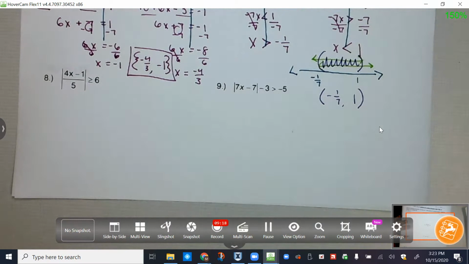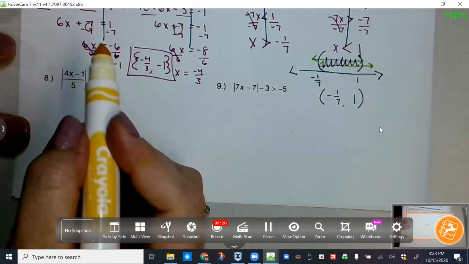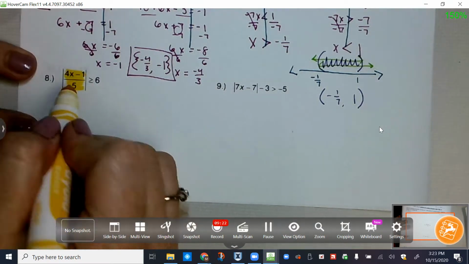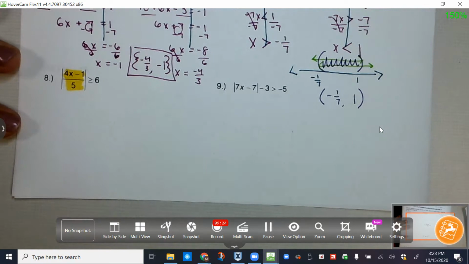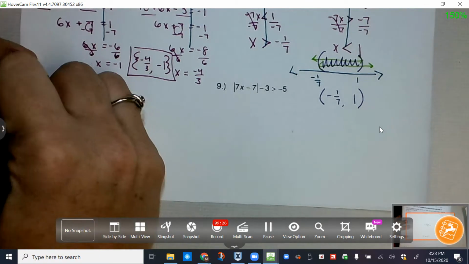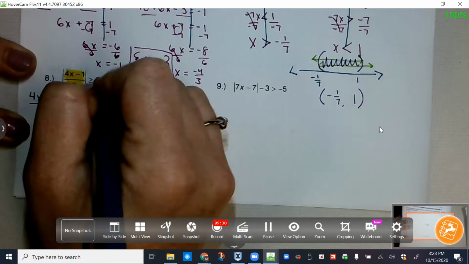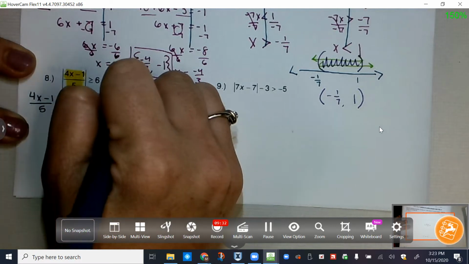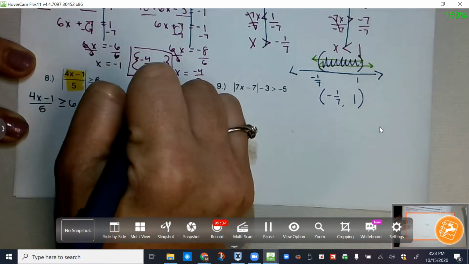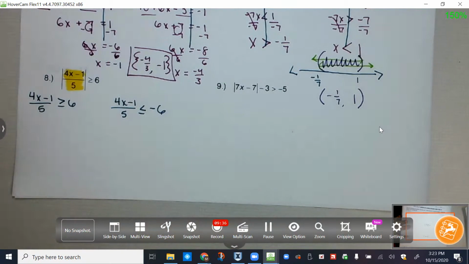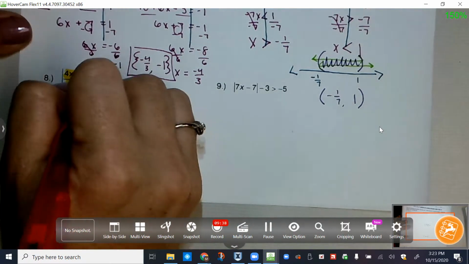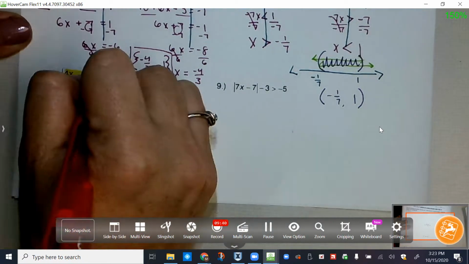So here, again, our absolute value is already alone. So we are just going to rewrite exact. And then rewrite opposite inequality, negative after. And we need to figure out, this is greater than, so it's an or situation.